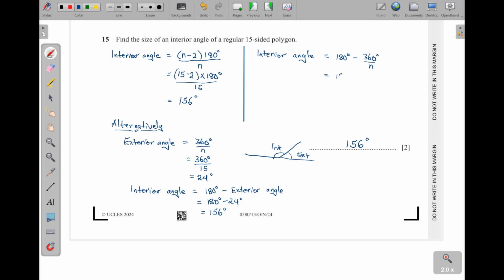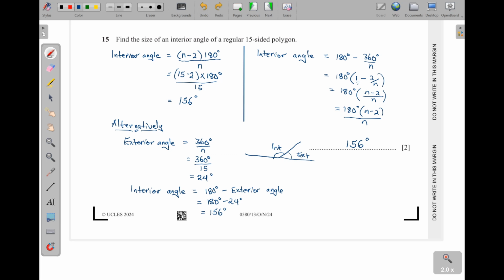If 180 is common and we factorize it, then we are going to have 1 minus 2 over n. Then looking out for the LCM here, which is n, n divided by 1 gives n, then times 1 you get n, then here minus 2. So do you see that what you get here, the n minus 2 over n, is what we are having here?